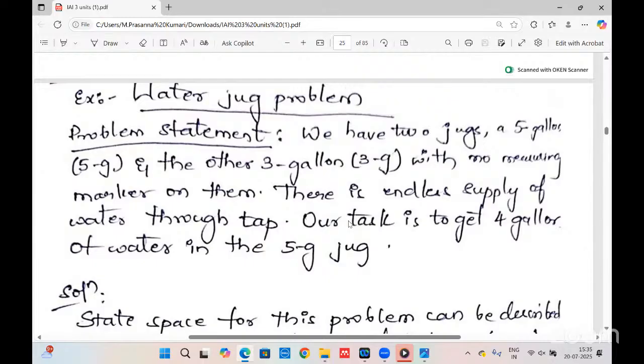Our objective is to get 5 gallons of water in 6G jug. To get 5 gallons of water in 6G.